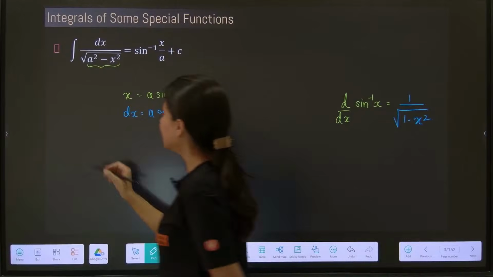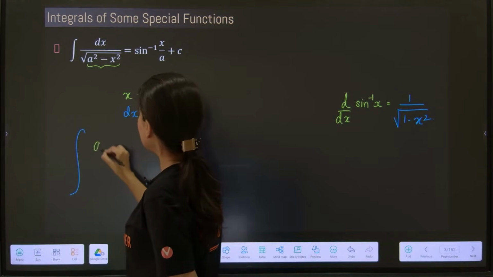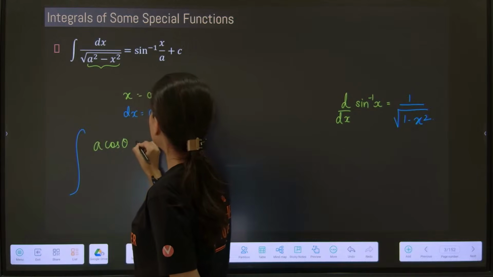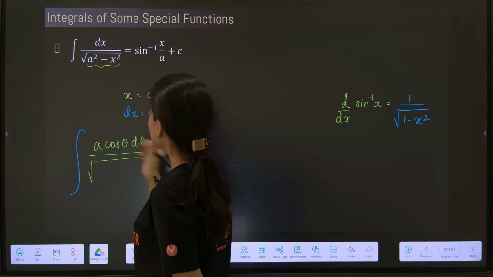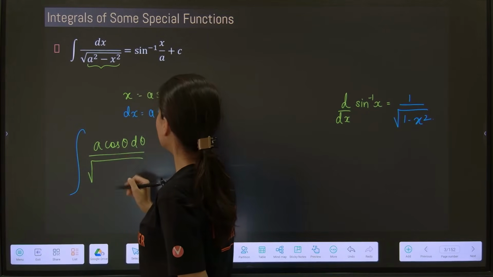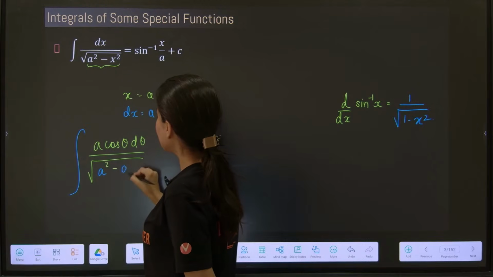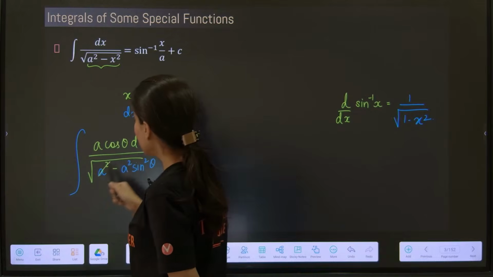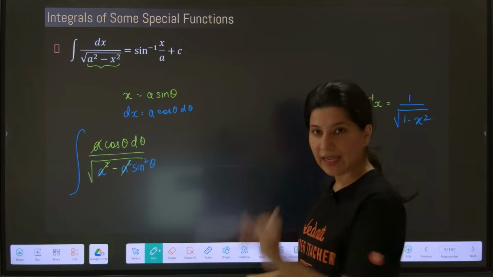Okay, so now integrate from here. Integration, dx will be replaced by what? a cos theta d theta upon square root of a square minus x square. Okay, a square minus x square. x square is a square sin square theta. A square, if you take common, you will realize that a square will become a and it will cancel out.